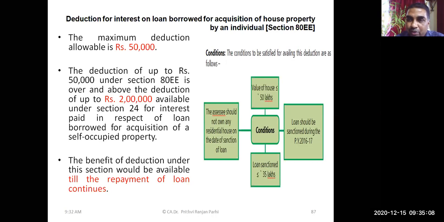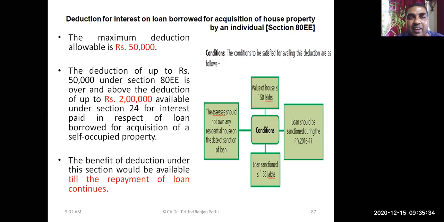Under section 24, we have already studied under the head income from house property that interest on borrowed capital is allowed as a deduction. For a self-occupied house, maximum up to 2 lakh, and for a let out house, there is no maximum limit. Any amount can be claimed. Have you remembered this? Yes, sir.